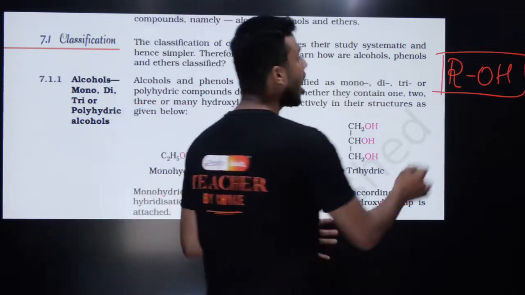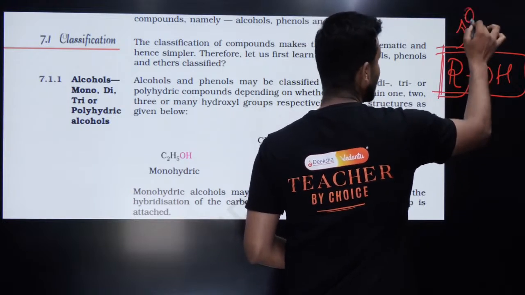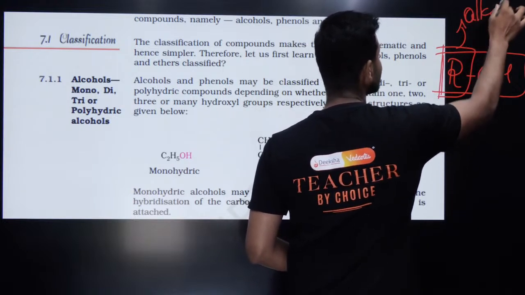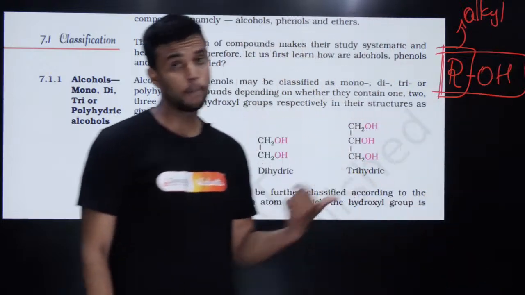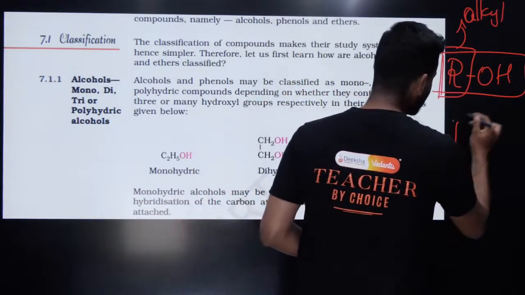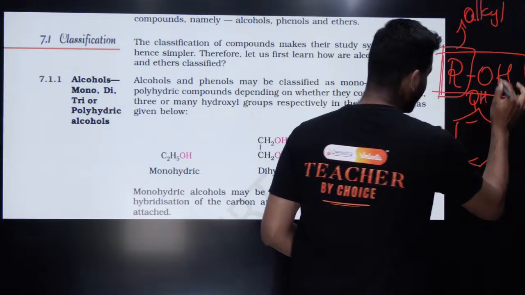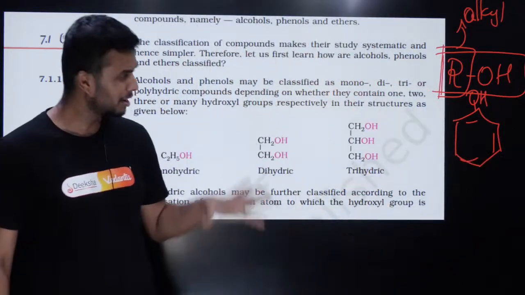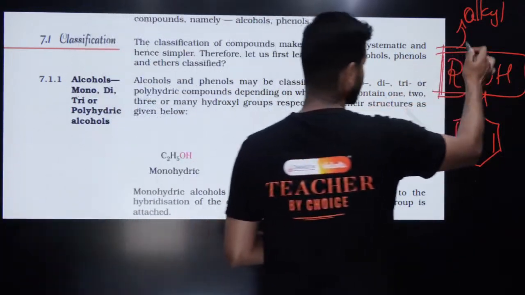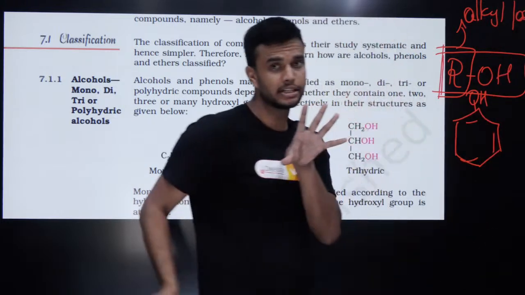If the OH connects with an R group, and this R group is alkyl, it is a straight or open chain instead of benzene. If in place of R a benzene group is there, then this compound is called a phenol. Both are the same, but here R may be alkyl or aryl, not a benzene group.